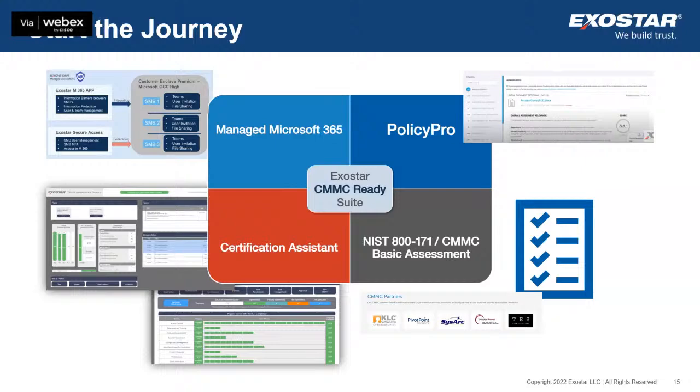We then work our way through, including that opportunity to have a third party come in and do an assessment. Now, this isn't that C3PAO organization, right? That certified third party who comes in and does the official triennial assessment. These are typically organizations that do what's called a readiness assessment.